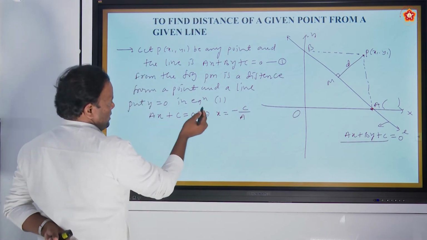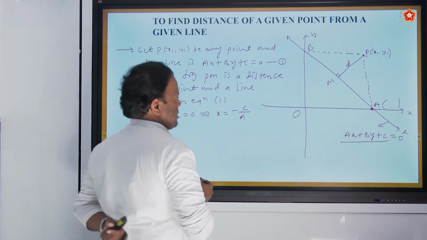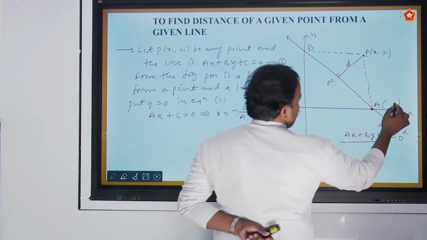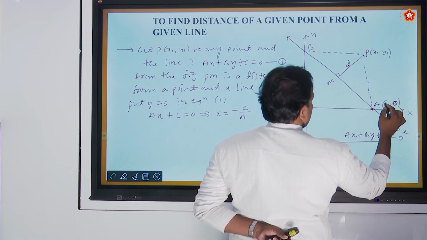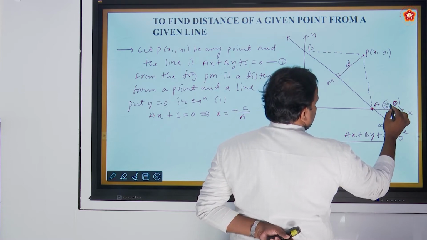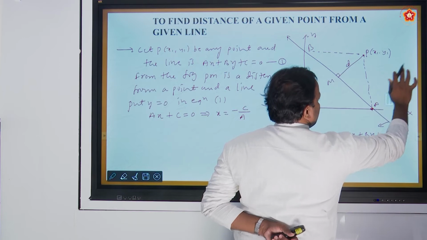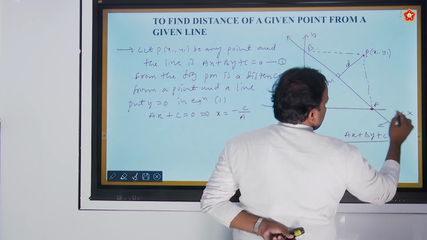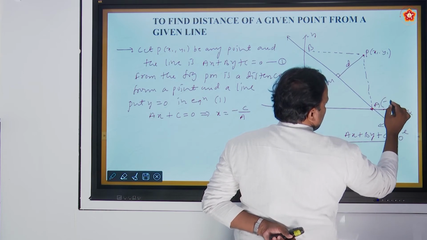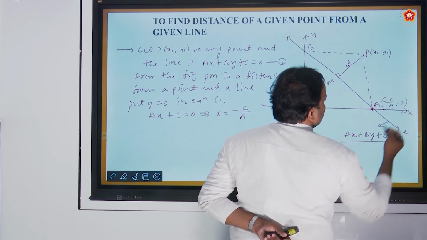Here the y-coordinate is 0 because the point lies on the axis. So A is (minus c by a, 0).